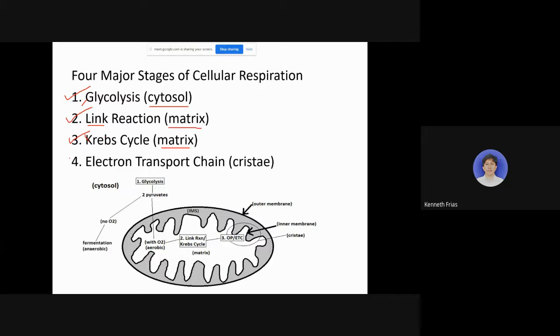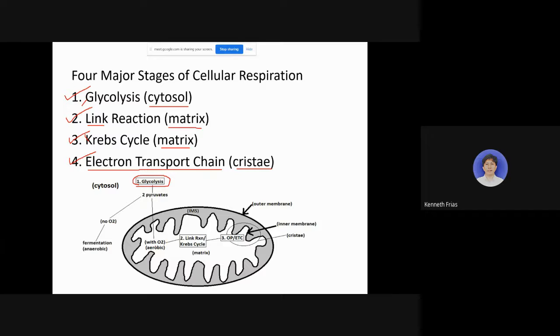And the last stage, which produces lots of ATP as compared to the previous ones, is the electron transport chain. This also happens in the mitochondrion, but in the inner folds of the inner membrane called the cristae. As you can see in the illustration, glycolysis happens in the cytosol, outside the mitochondrion.